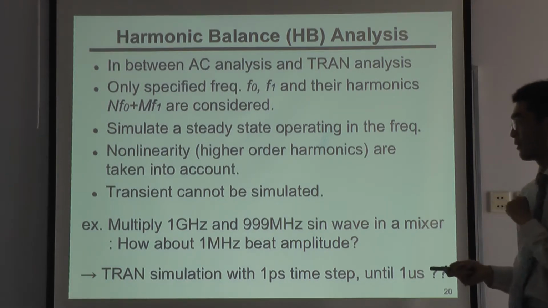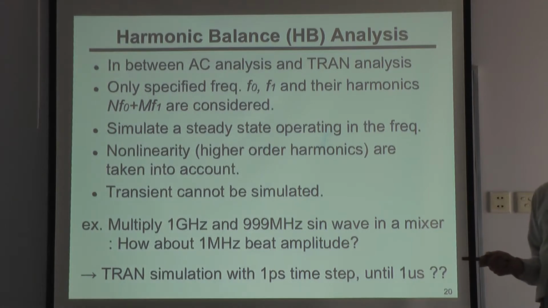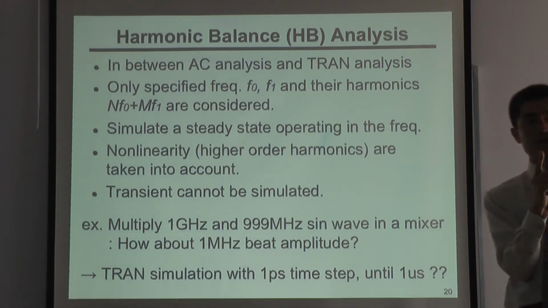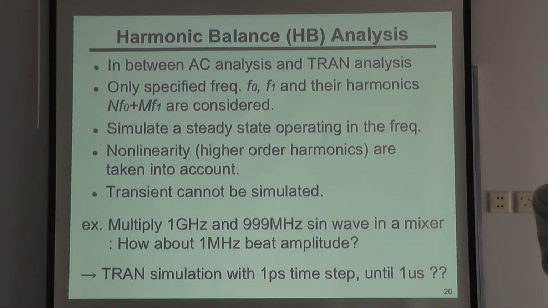And in this case, if we simulate by transient analysis, and we want a more precise analysis, for example, the time step is 1 picosecond. With a time step of 1 picosecond, it takes until 1 microsecond to get 1 beat frequency.